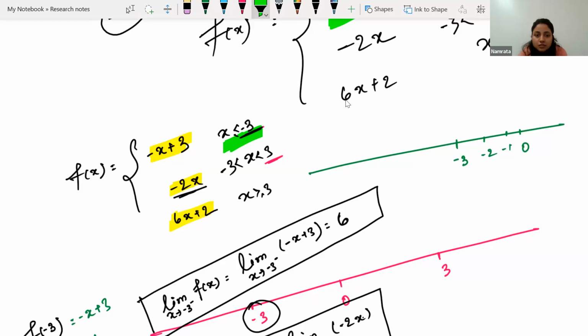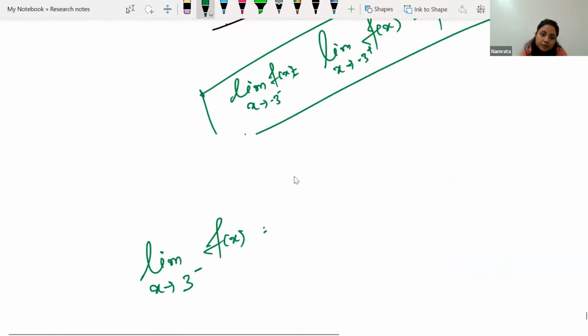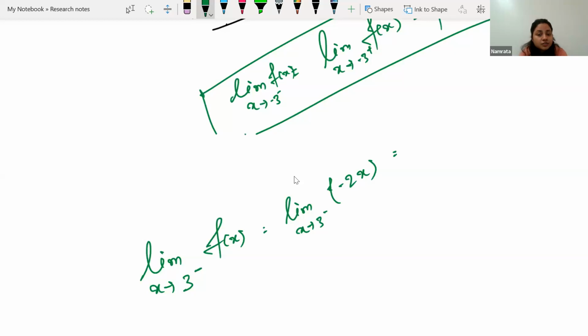Whenever we have x less than 3, we must take -2x. Let's take it. -2x, we have to substitute 3 over here. That means the result will be -6.